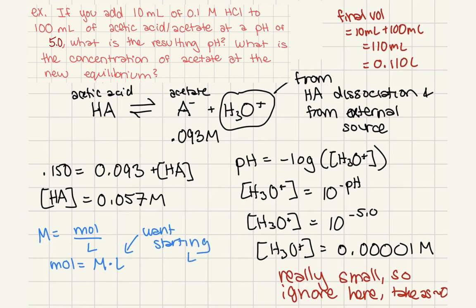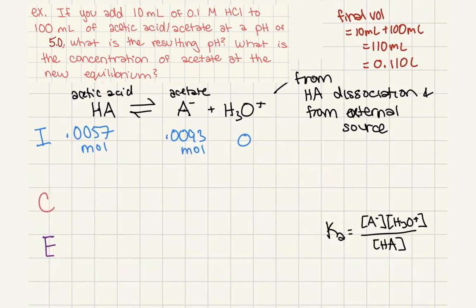And so that is going to be equal to our 100 milliliters, which is equal to 0.1 liters. So we're going to multiply this by 0.1, and we're going to multiply this by 0.1. And so what we end up with is 0.0093 moles of acetate and 0.0057 moles of our acetic acid.